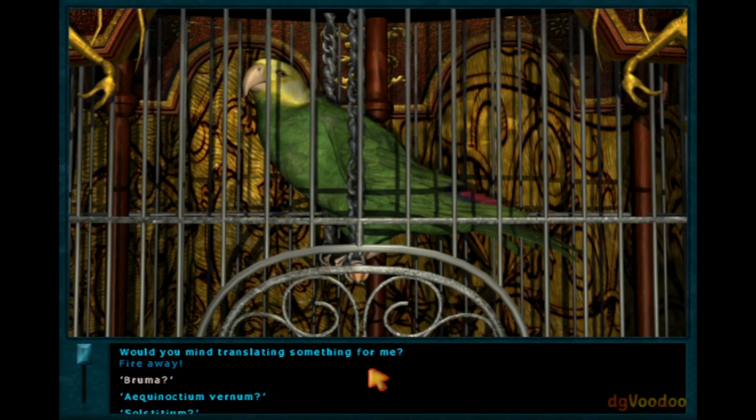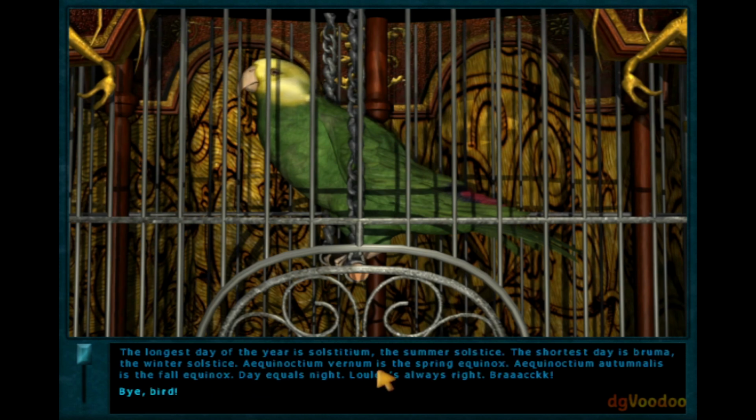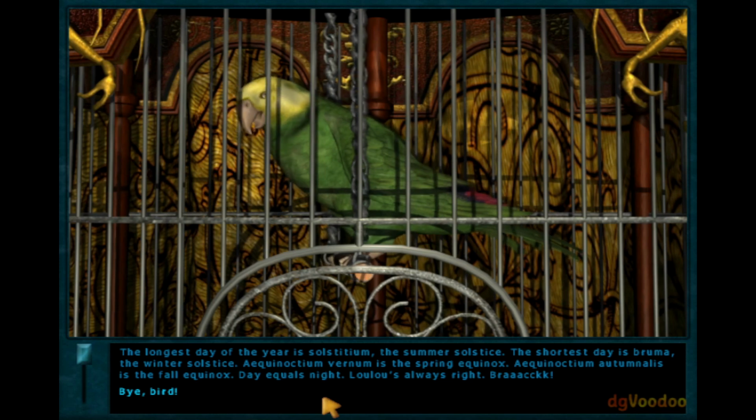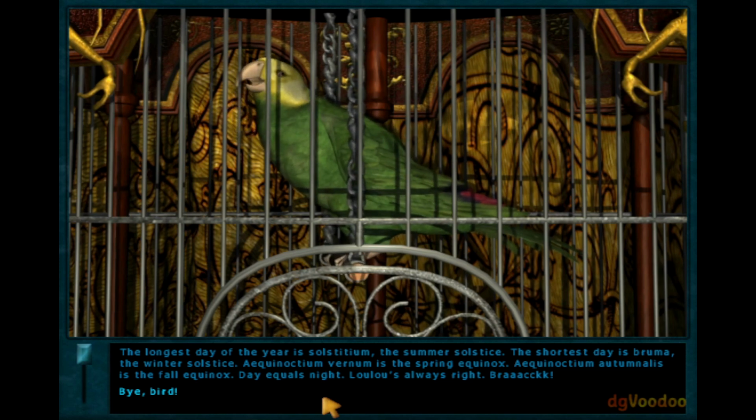Would you mind translating something for me? Fire away. Bruma? The longest day of the year is solstitium, the summer solstice. The shortest day is bruma, the winter solstice. Equinoctium vernum is a spring equinox. Equinoctium autumnalis is a fall equinox. Day equals night.